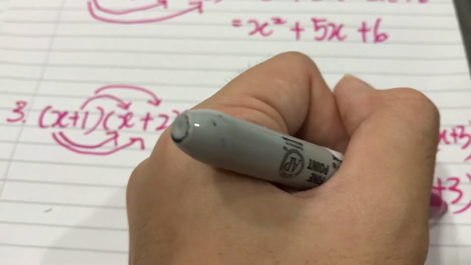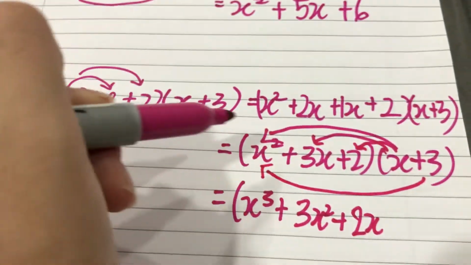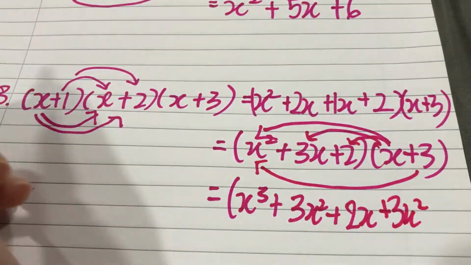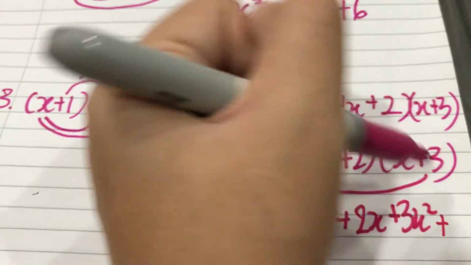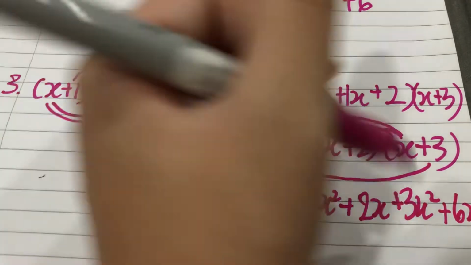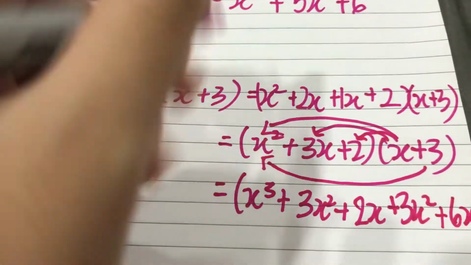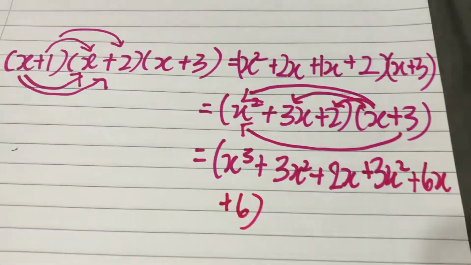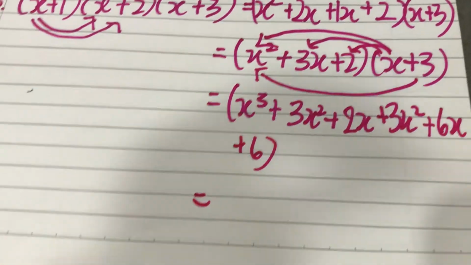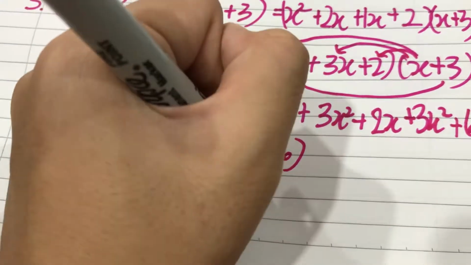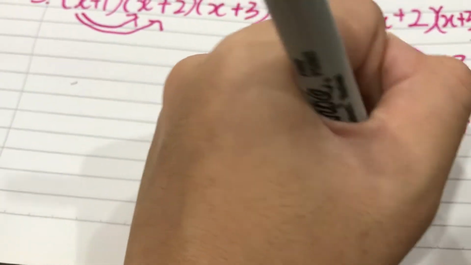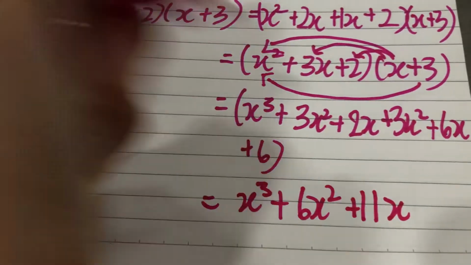Then 3 will have to times x squared, so we'll get 3x squared plus 3 times 3x, which is 9x. And then plus the last one, which is 6. Then we'll get the final answer, which is 2x cubed plus 6x squared plus 11x, and then plus 6.